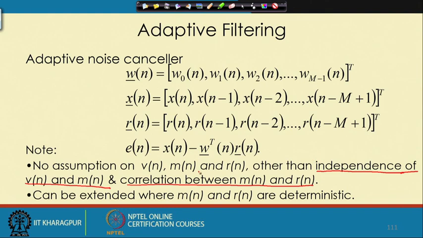Again, the same set of equations can be extended where Mn and Rn are deterministic, not random processes. Even in that case, we can use this framework or the same set of equations and apply the adaptive filter for better noise cancellation.